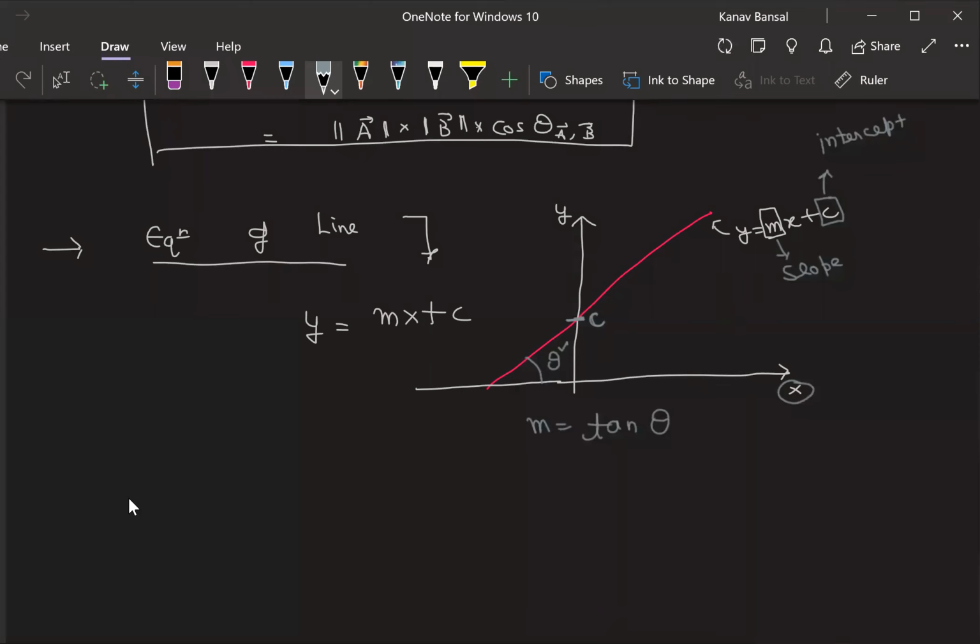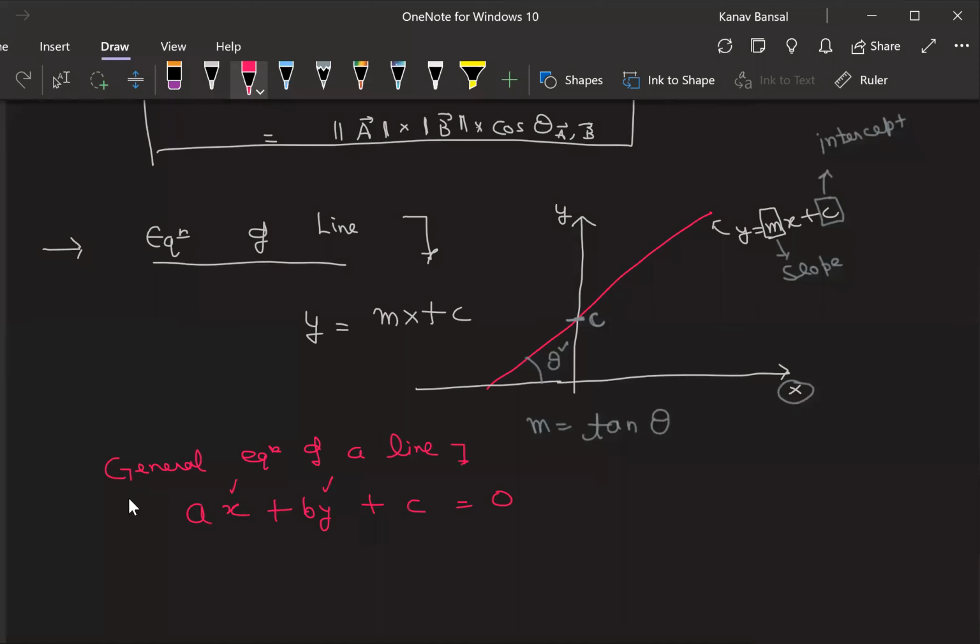Now let me write the equation of a line in some other way, the general equation of a line. How do I write that? I simply say ax plus by plus c equal to 0. We have the x-axis and the y-axis.